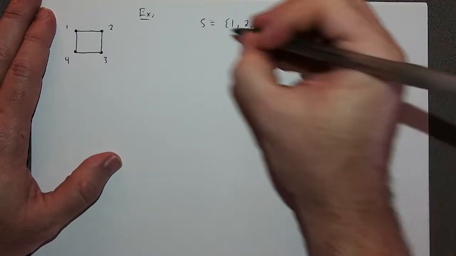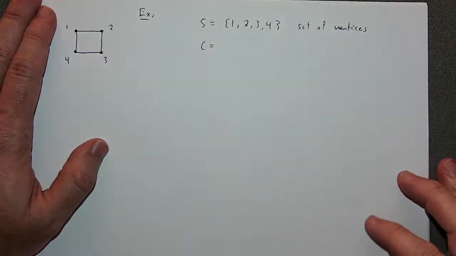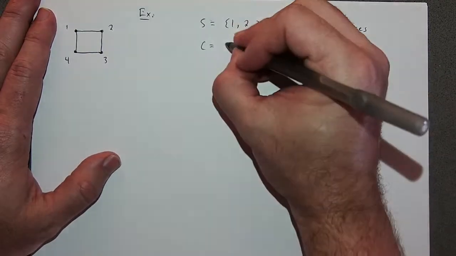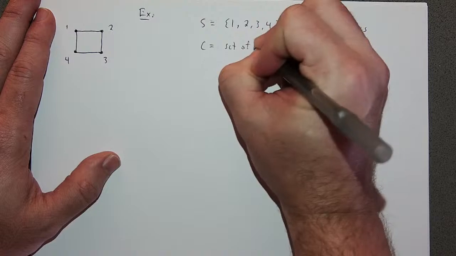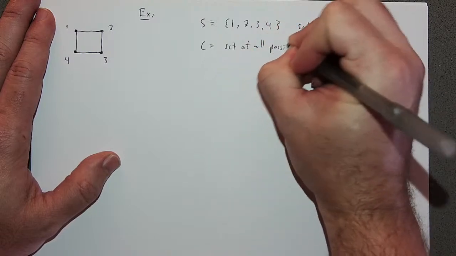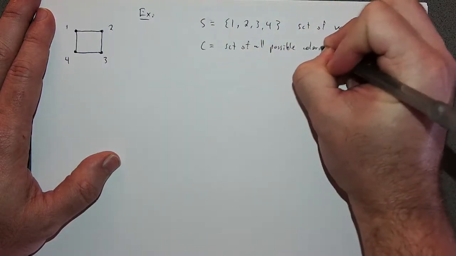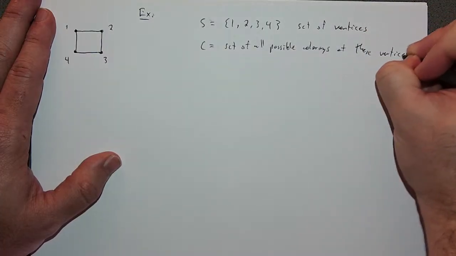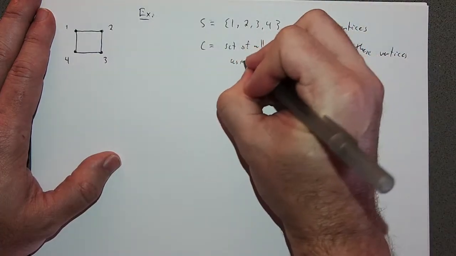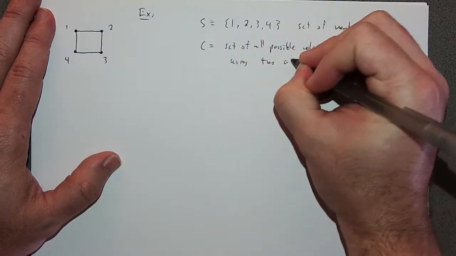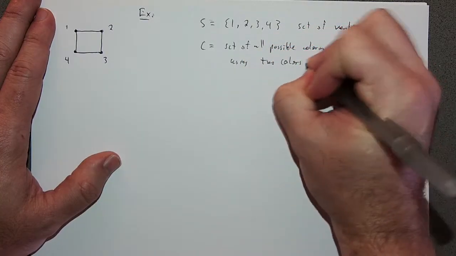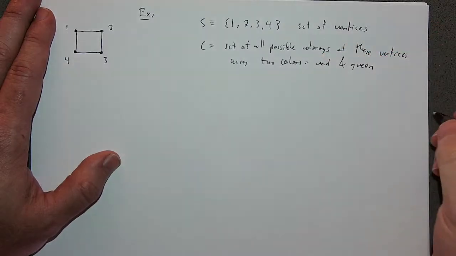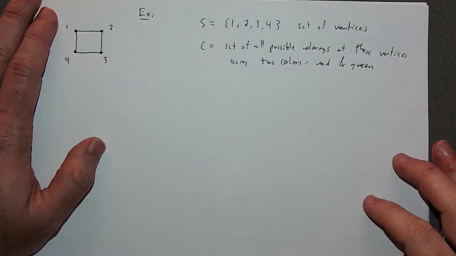C is going to be the set of all possible colorings of these vertices using two colors, red and green. So that's what C is.